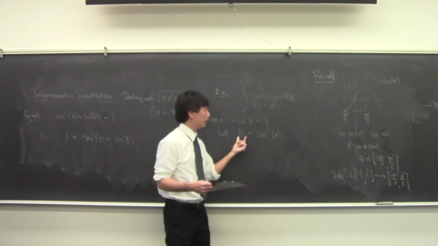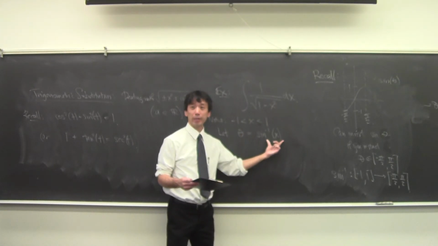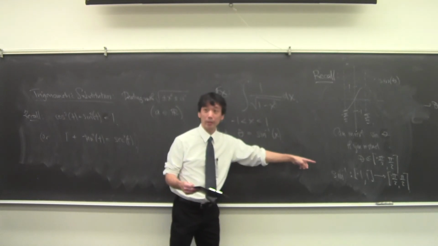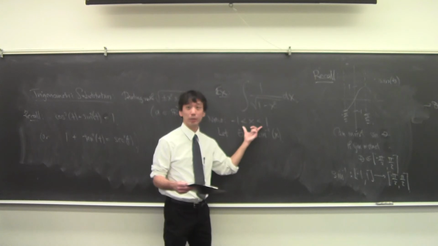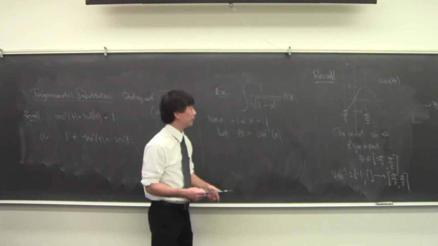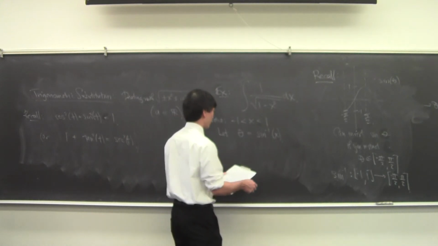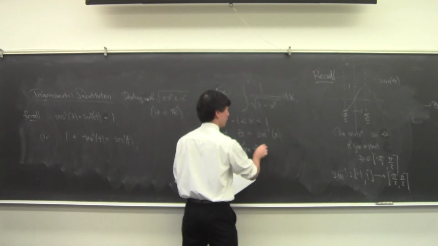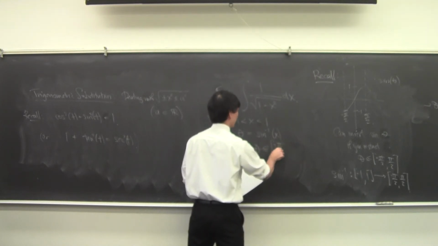So we let theta be sine inverse x. It makes sense. We can talk about the sine inverse. Sine inverse is defined on -1, 1. Our x lies between -1 and 1. And so we said, let theta be sine inverse x. Because then theta is going to lie between -pi/2 and pi/2.